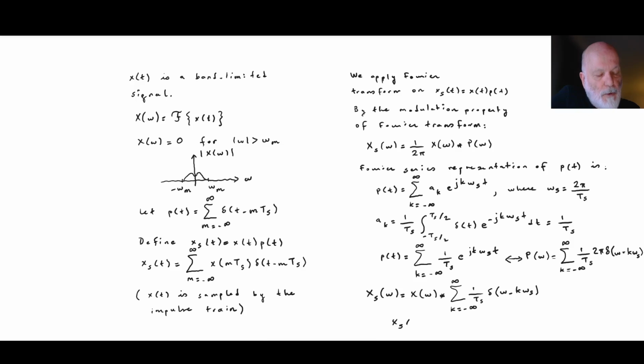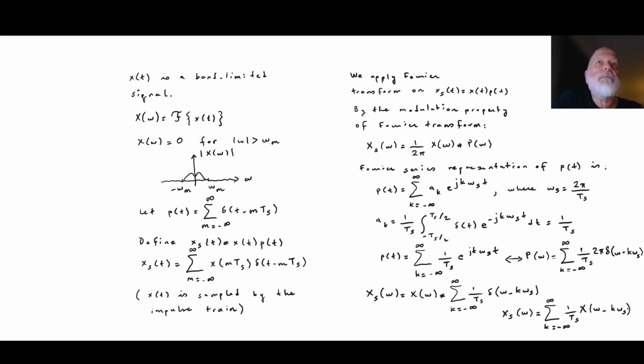So Xs of omega, the Fourier transform of the sampled signal, is equal to the sum over k from minus infinity to plus infinity of 1 over Ts, capital X of omega minus k omega s. Okay, so this is the Fourier transform.